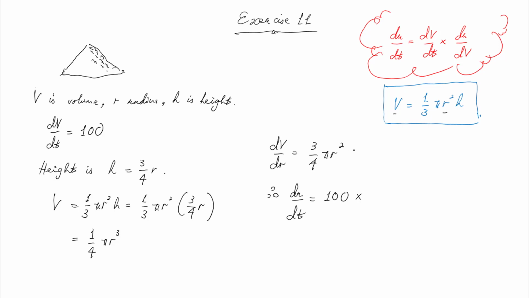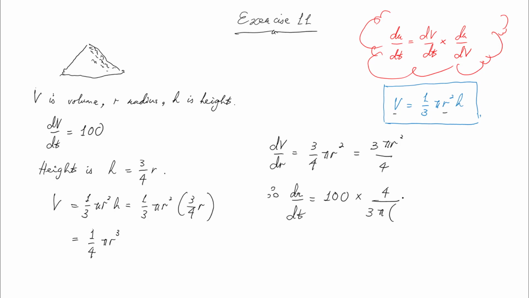Be very careful, because dV over dr is actually for the numerator side it's 3 pi r square, the denominator is only 4. So when you write dr over dV, which is the inverted form of it, make sure that you change the numerator and denominator in a correct way.